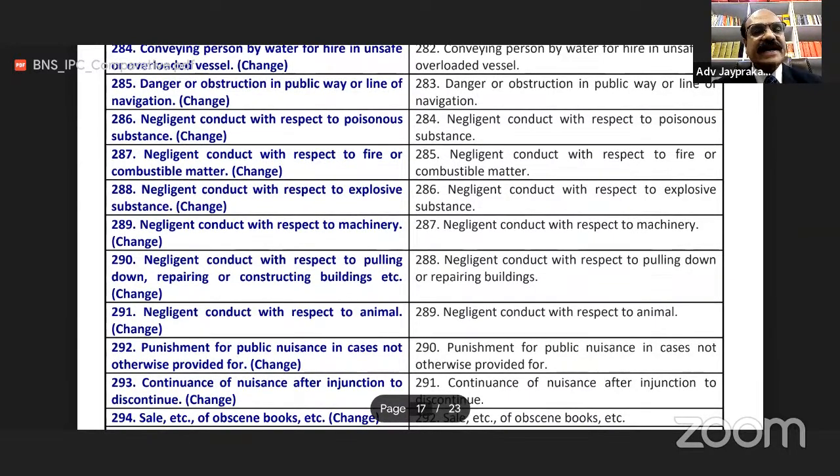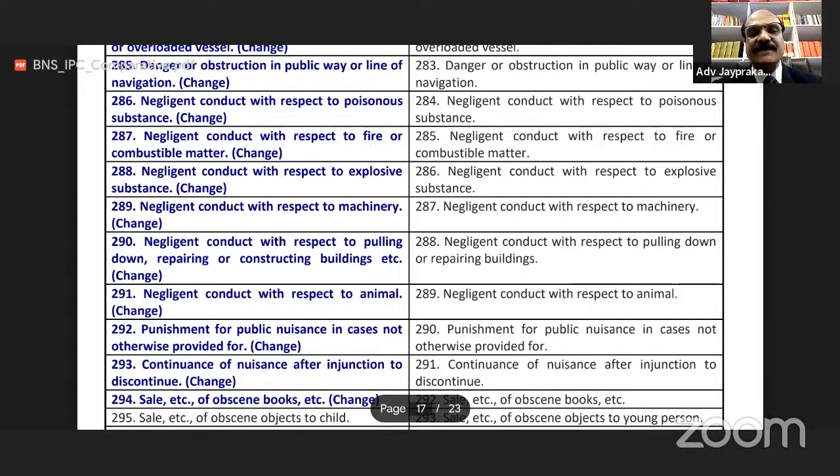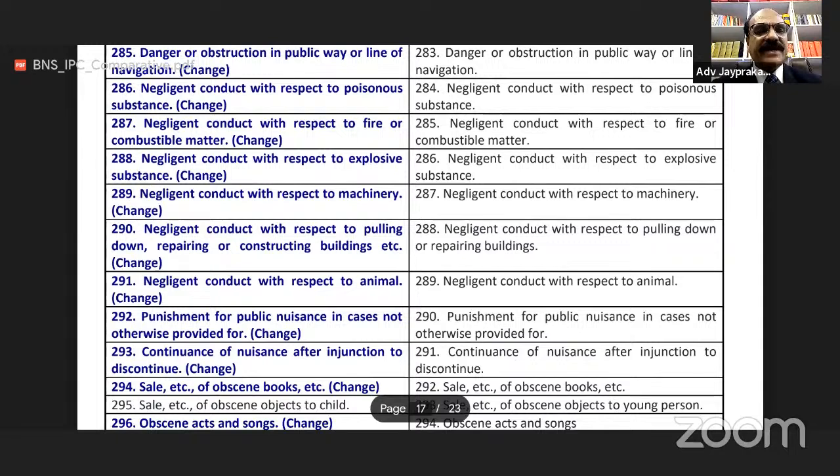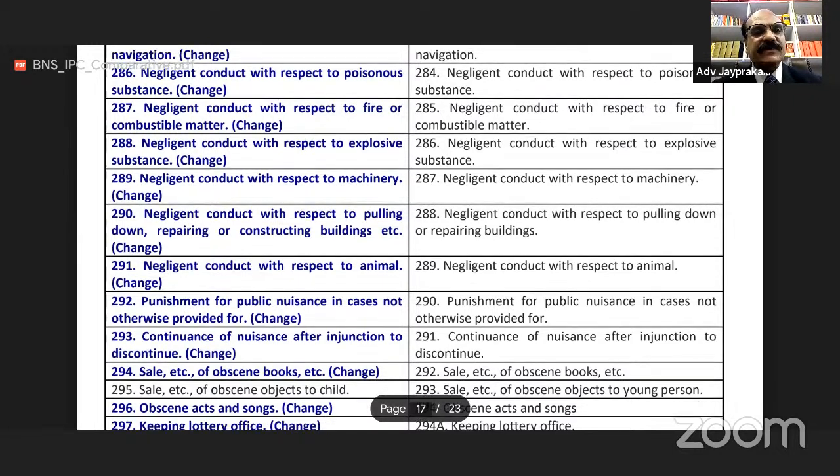BNS section 286, negligent conduct with respect to poisonous substance. Its corresponding section was in IPC 284. BNS section 287, negligent conduct with respect to fire or combustible matter. Its corresponding section was in IPC 285.